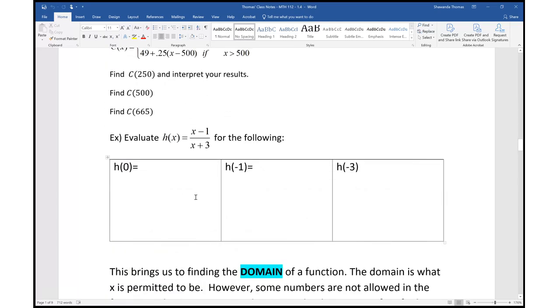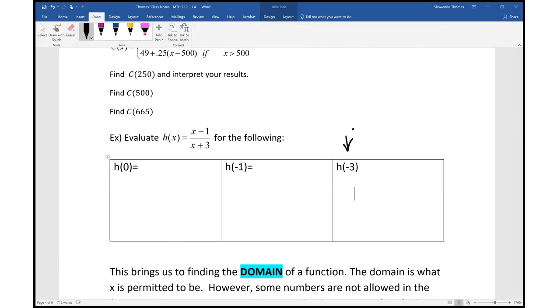Now, in the previous example, h of x equals x minus 1 over x plus 3. When we completed this problem here, h of negative 3, we realized that negative 3 minus 1 over negative 3 plus 3 gives us negative 4 over 0, which is undefined.